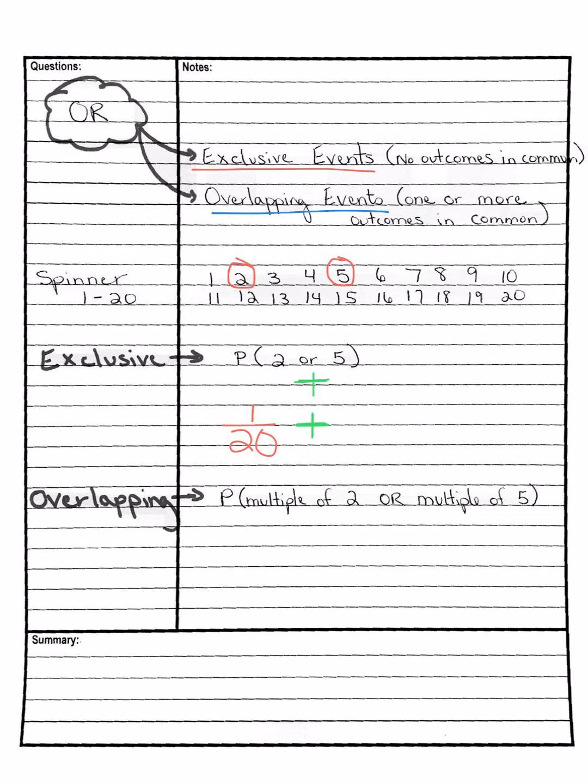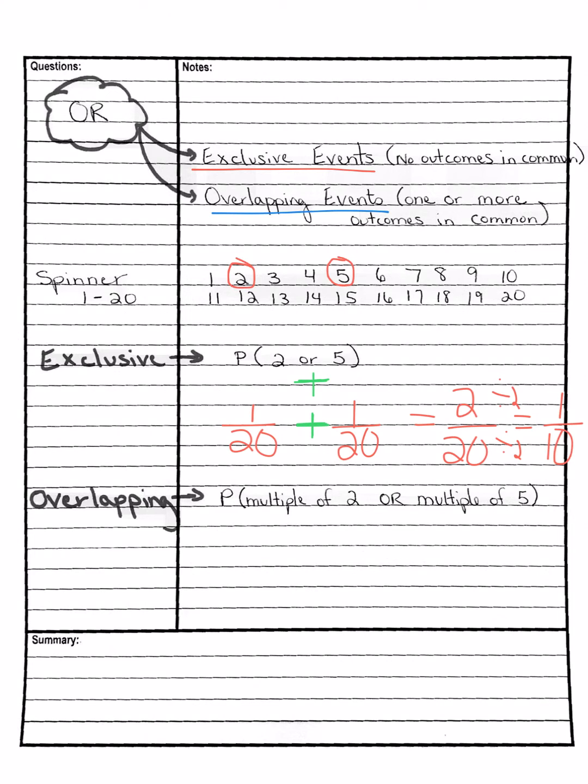There's only one space that has a 5 on it out of 20 total spaces. So the probability of this occurring, 1/20th plus 1/20th, we could get 2/20ths. We have to remember how to add fractions. And if we simplify that, we get 1/10. Divide the top and bottom by 2. So if we wanted to spin a 2 or a 5, that would be the probability.